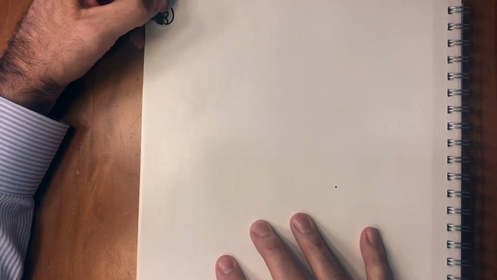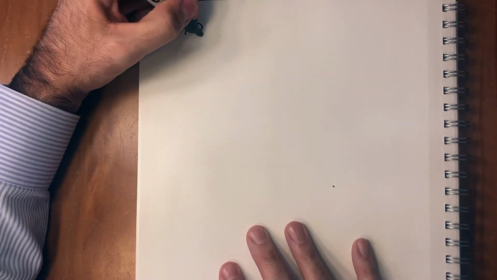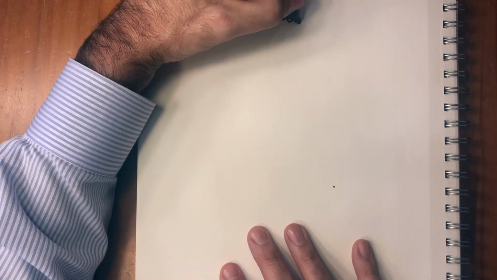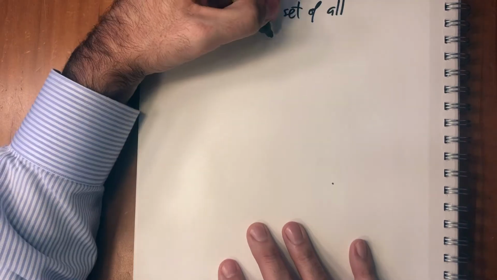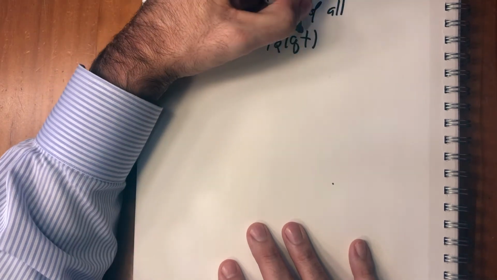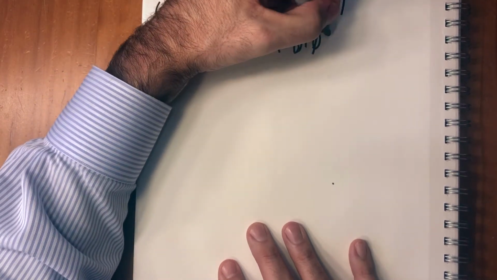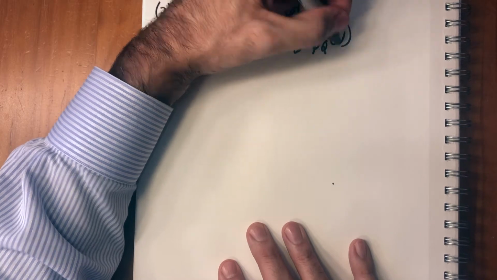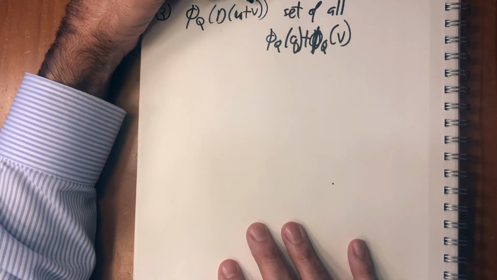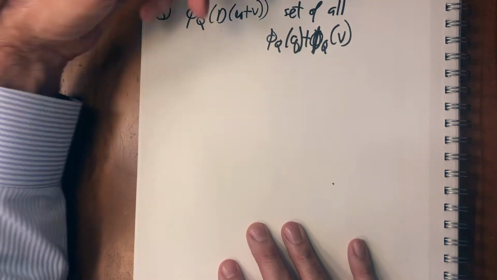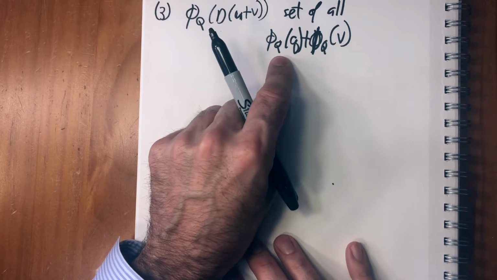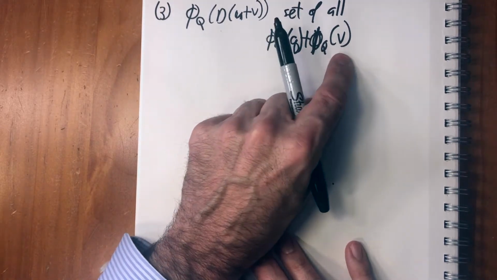So based on what we just said, we can say then that phi q of the Dedekind cut of u plus v is the set of all numbers expressible as sums phi q of q plus phi q of v. So phi q of the Dedekind cut of all rationals less than u plus v is expressible as the set of all numbers that can be written as phi q of q plus phi q of v.